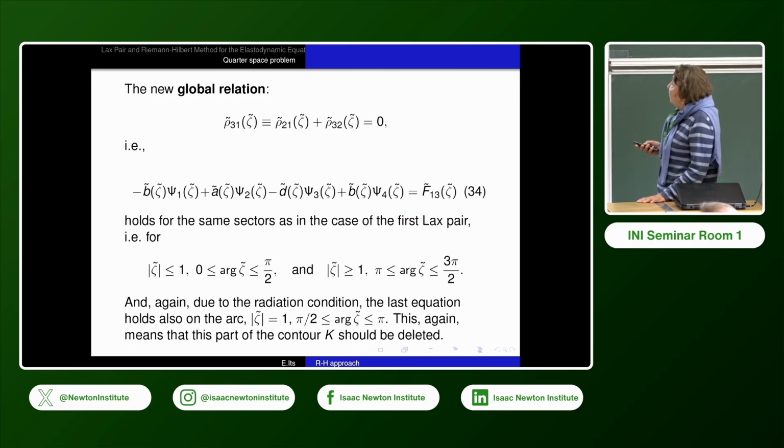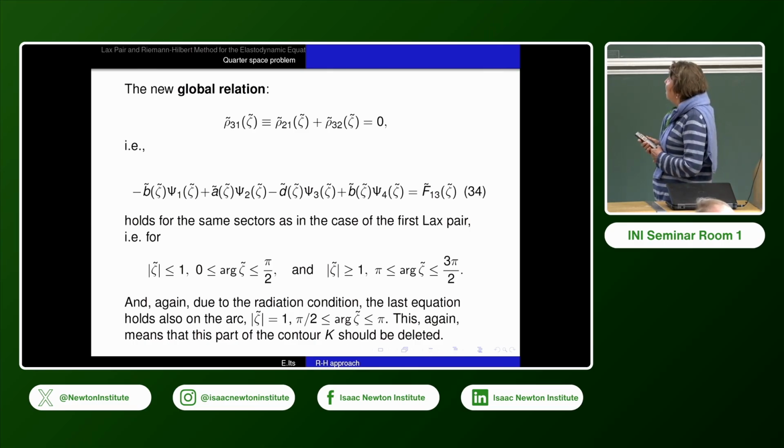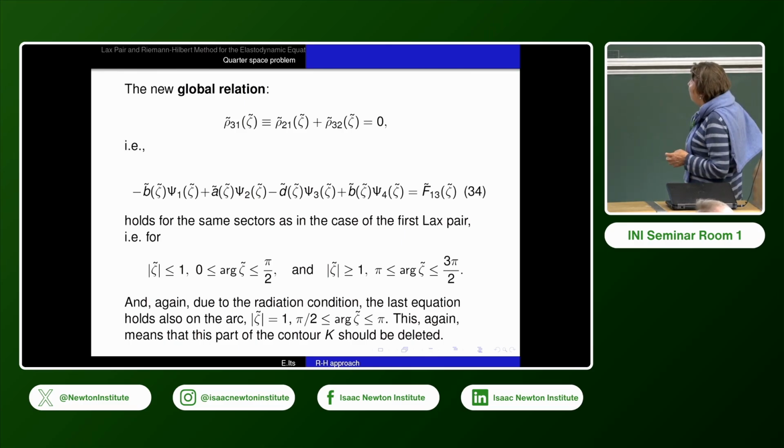On top of the global relation, I want to mention that this same relation between the unknown functions for the second Lax pair and the first Lax pair, it's global relation.